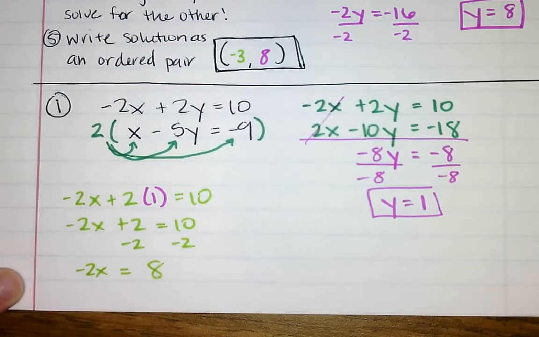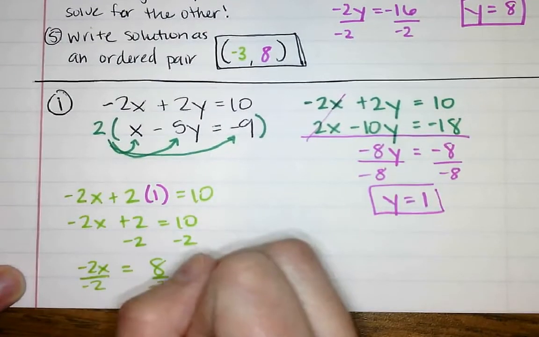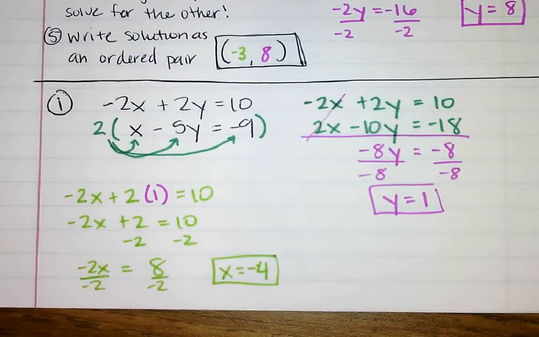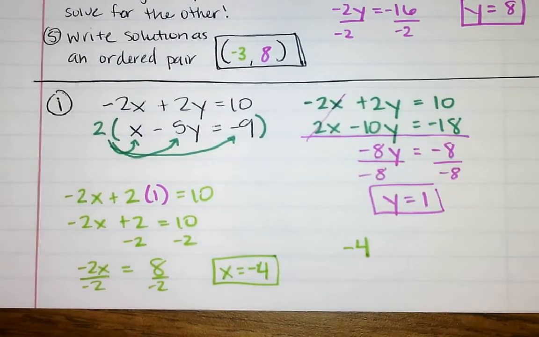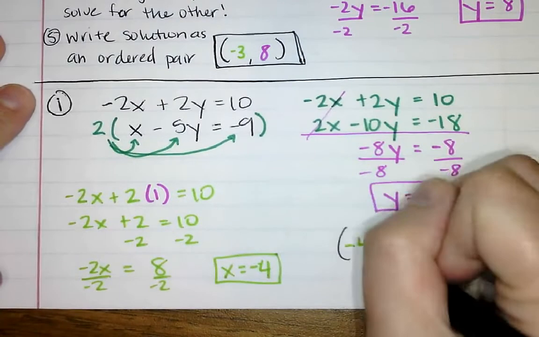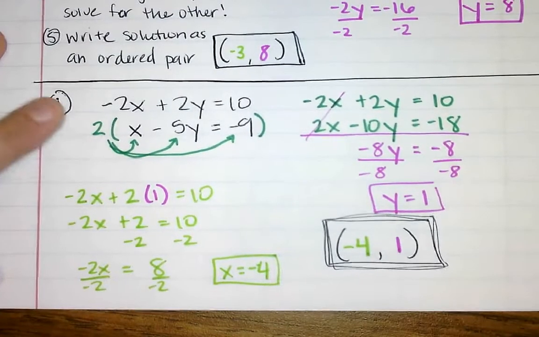I want to divide by negative 2. So my x is equal to negative 4. Do y'all feel good about that? So my solution to this problem is negative 4, positive 1. That is the ordered pair where these two lines would intersect. Does that make sense, y'all?